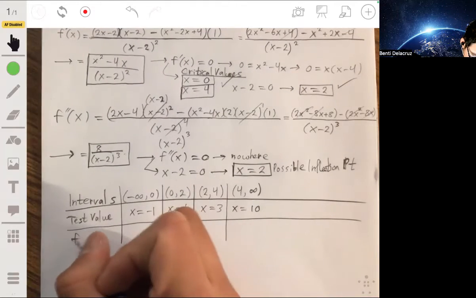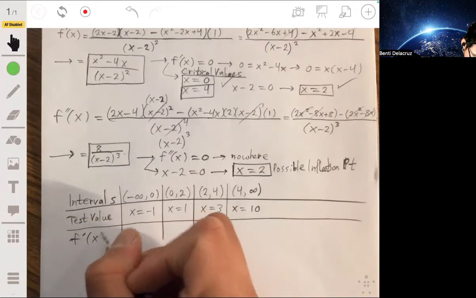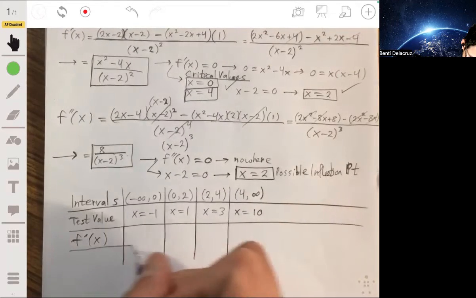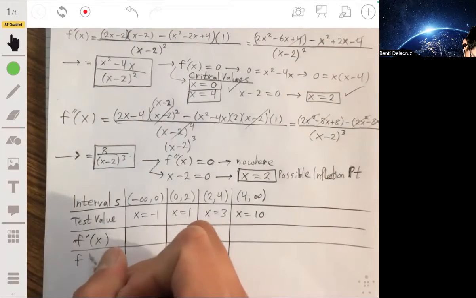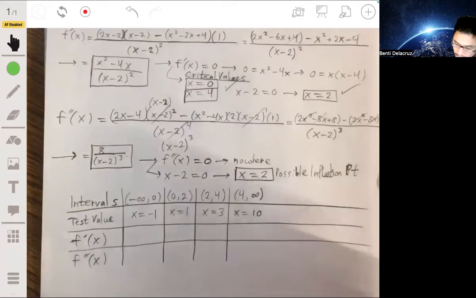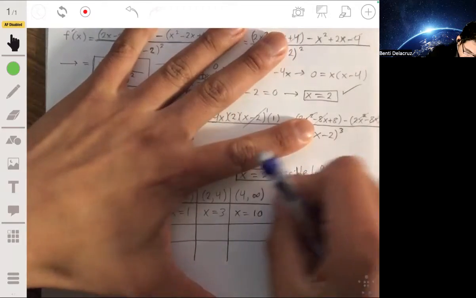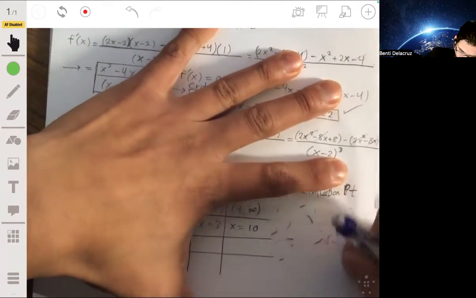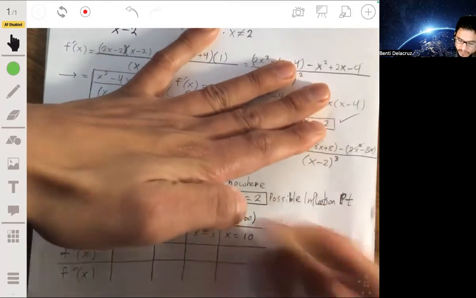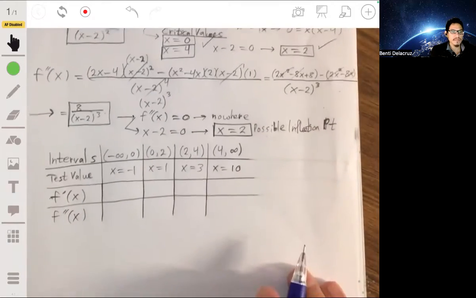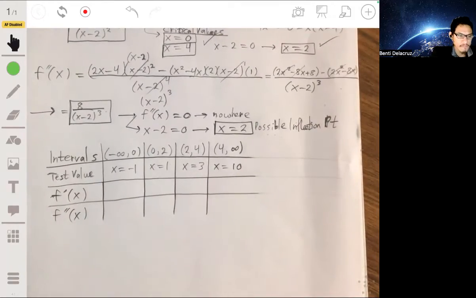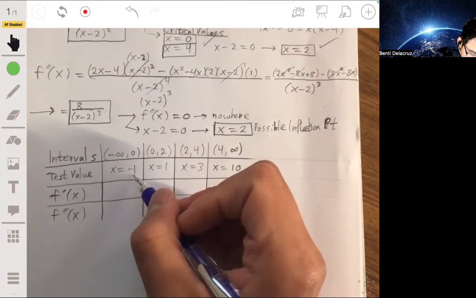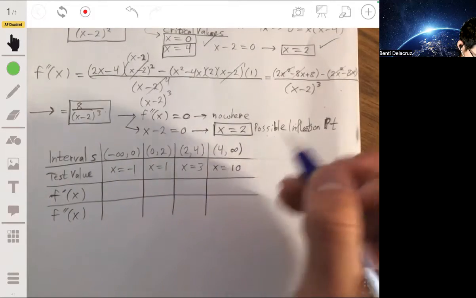So we're going to find what the values of the first derivative are for those x values, and find what the values of the second derivative are. I guess I don't need this table to go out that far. Okay, so find what the first derivative is when you plug in x equals -1, 1, 3, and 10.